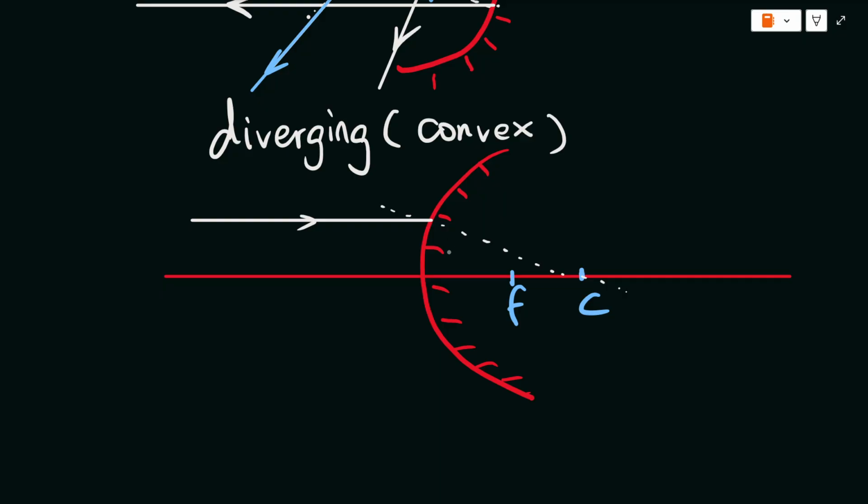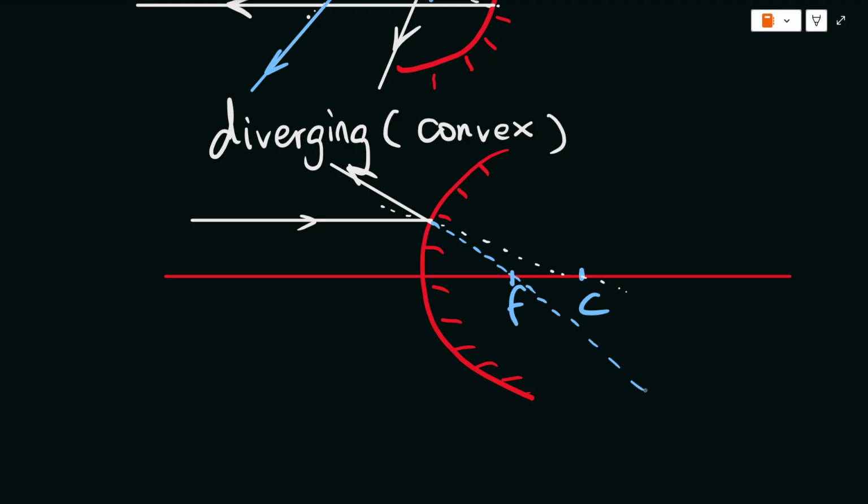Then we will have the outgoing ray, something like this. This ray has a special property: if we extend it a little bit, we will see that it extends right through the focal point.